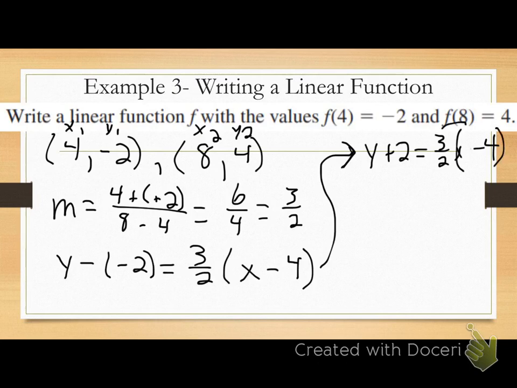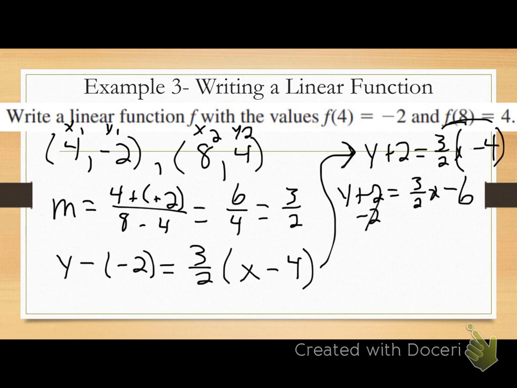Yep, distribute. So y plus 2 equals, what's 3 halves times x? 3 halves x. 3 halves times negative 4. Minus 6. And how do I get y by itself?